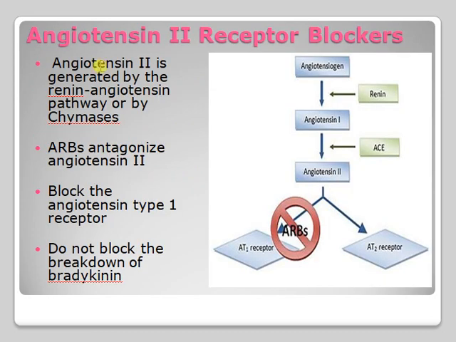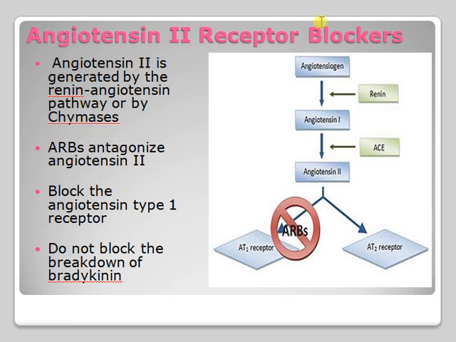Then the next category is angiotensin 2 receptor blockers. Here the synthesized angiotensin 2 is going to bind to the angiotensin 1 receptor, and if we block this pathway, or antagonize the binding of angiotensin 2 to the angiotensin 1 receptor, then the effect of angiotensin 2 will not be there, and a reduction of blood pressure can be achieved.